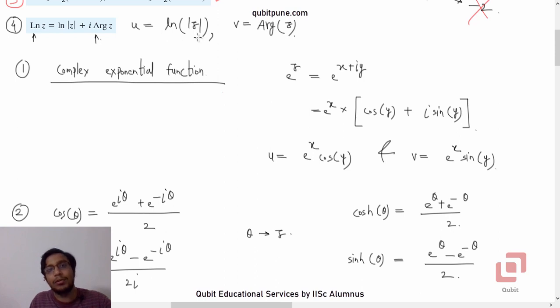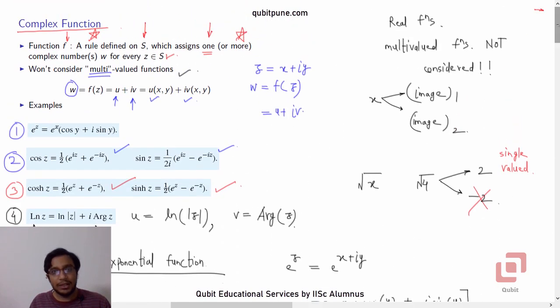Now note that both log of mod z, which is 1 upon 2 log of x squared plus y squared, and argument of z, generally tan inverse of y upon x, are functions of two variables. Sticking to the definition that w consists of two functions, both multivariable functions, in particular two variable functions.